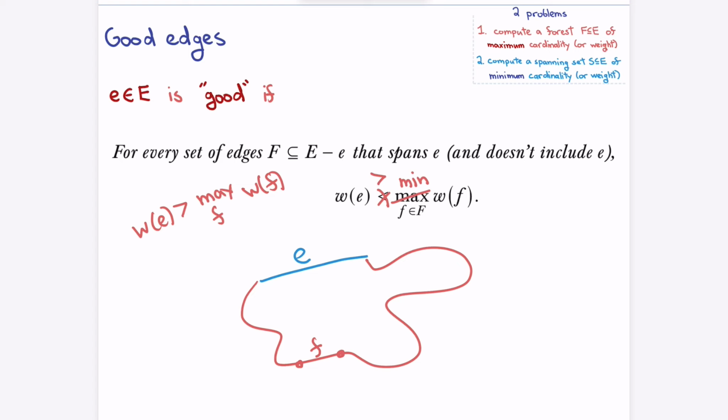That means the biggest weight edge in the entire graph is automatically good. So you take the biggest edge, and then what?